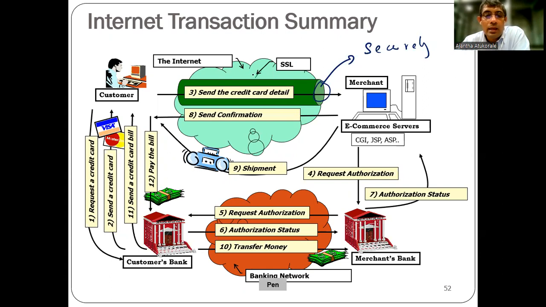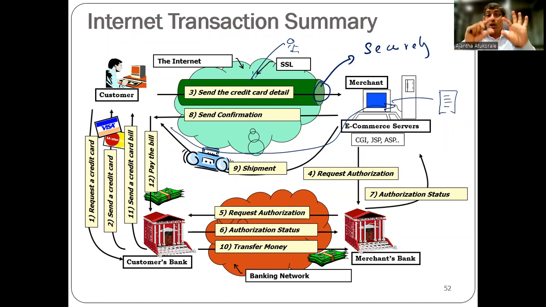No one in the middle, no bad guys, can take your data. But the merchant might put your data in a database, and later on a bad guy hacks the system and gets your credit card number. That is a different story, about the merchant leaking that data. It's not the HTTPS or secure communication.